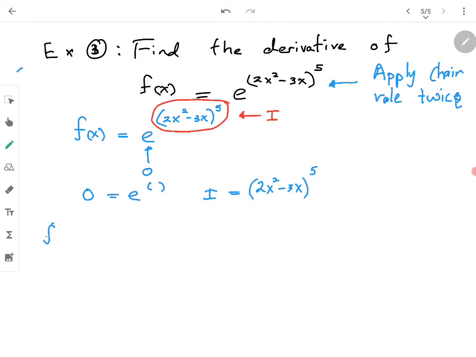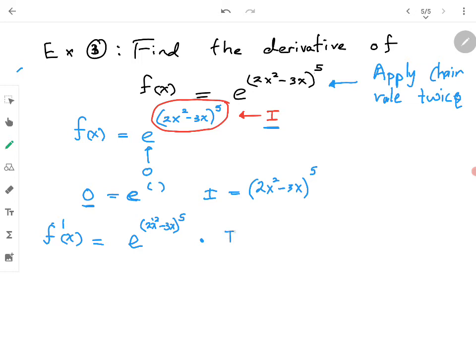Okay. Then the derivative is, the first part depends on the outer function. You find the derivative of the outer function. So the derivative of the exponential function is just the exponential function itself, and what's inside is the inner function. So 2x squared minus 3x raised to the fifth. So that's the first part of the chain rule.